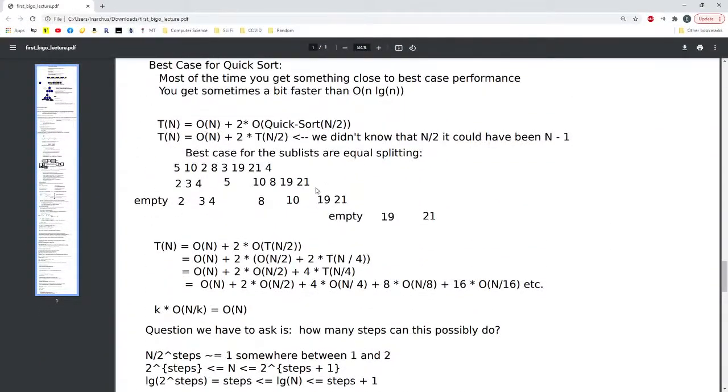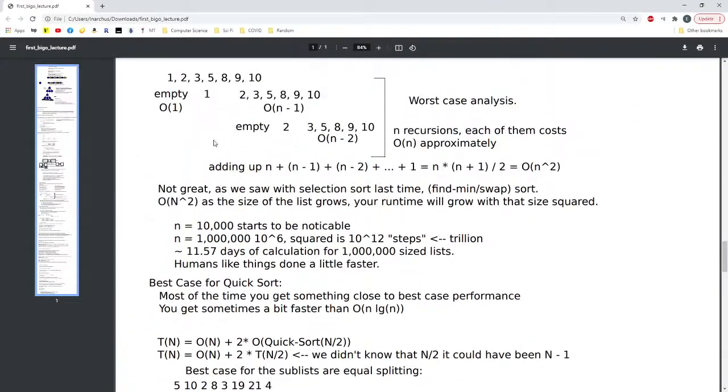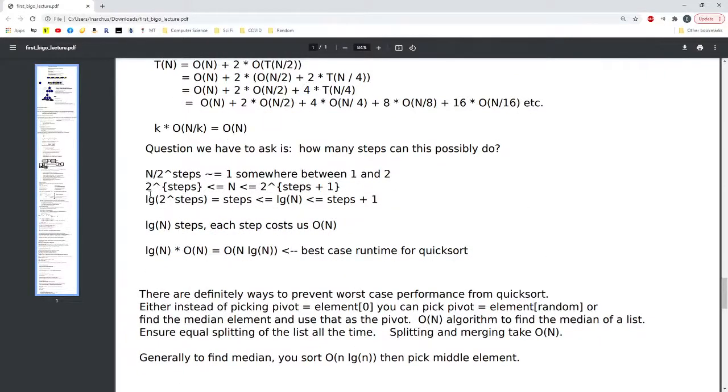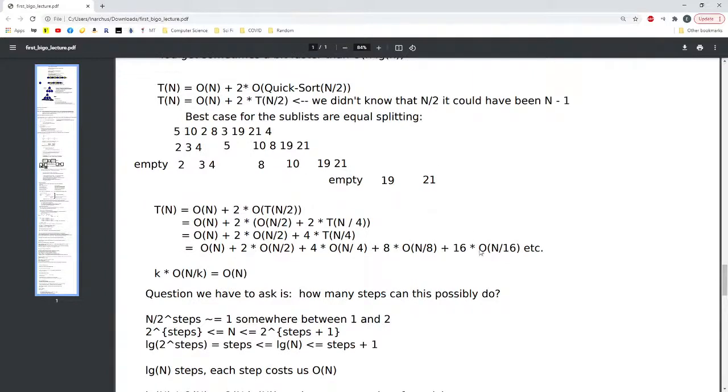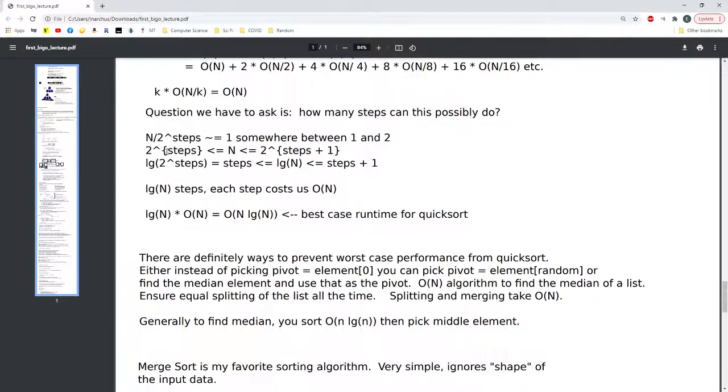I did talk about it, but it was kind of hidden in the quicksort analysis. It's basically the log of 2 to the number of steps is equal to this stuff. My argument was that 2 to the number of steps is less than or equal to n, right? It's the same mathematics, I just simplified the algorithm. So here we have all of quicksort that we had to deal with, and we had 2 to the number of steps is less than or equal to n, and this is exactly what I'm dealing with in this other one.